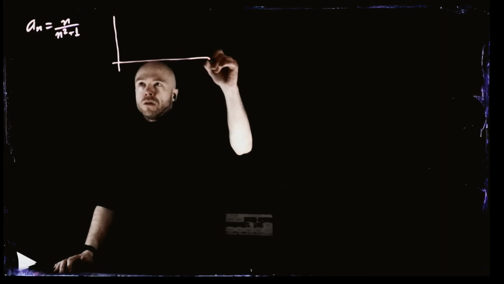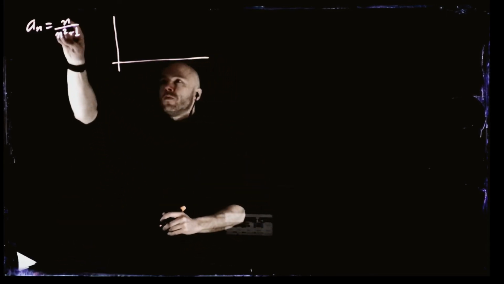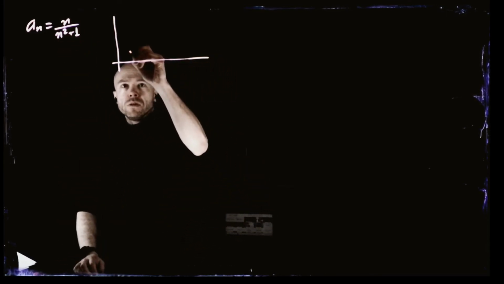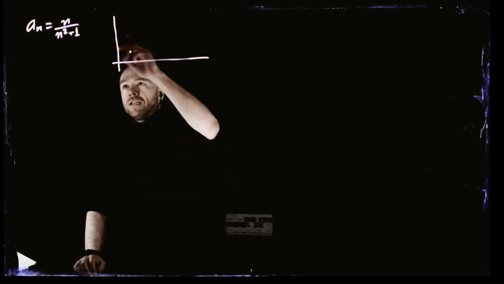This guy. So a_n is n over n squared plus 1. Okay, let's draw a picture. So n is equal to 1. We're going to have 1 over 2, so it's a half. n is equal to 2.